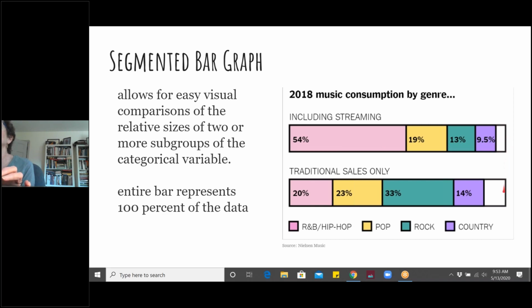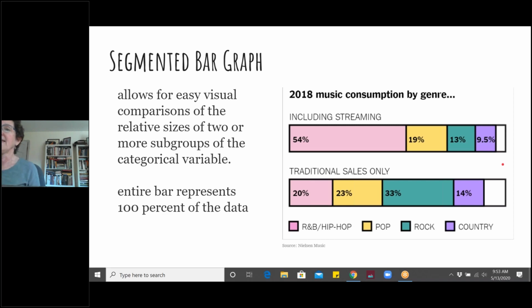They don't tell us what the other percent is here, but if you add up 20, 23, 33, 14, and then whatever is left over, this is 100%. So in this kind of segmented bar graph, the entire bar represents 100%.